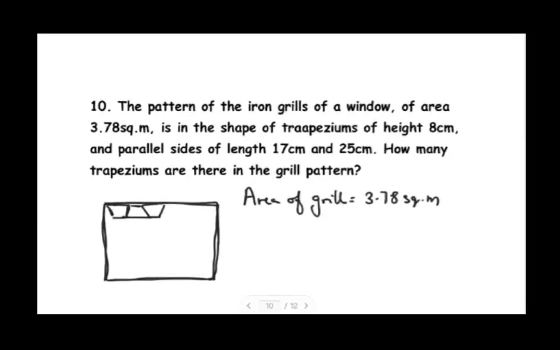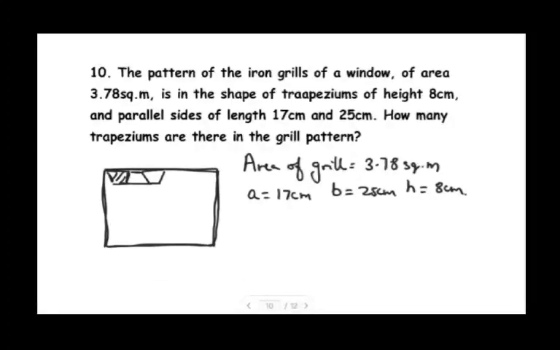Now we have to find the area of the trapezium design. We have to find the area of each trapezium. For that we have the smaller side A, which is 17 centimeters, B, which is 25 centimeters, and H, which is 8 centimeters. So let's find the area of trapezium.